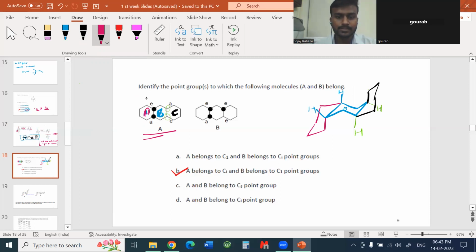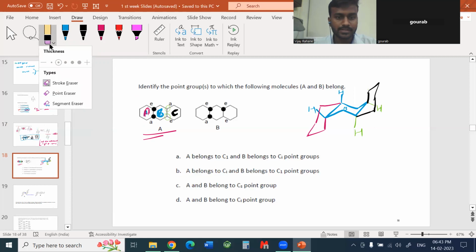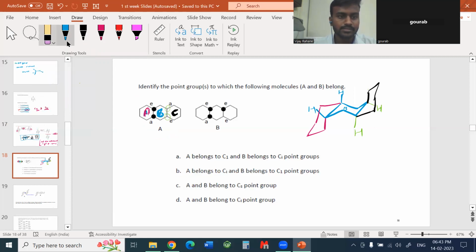In this one, just forget about any previous answers. Whatever they have written here may be correct or not. We need to now visualize which point group this molecule belongs to.